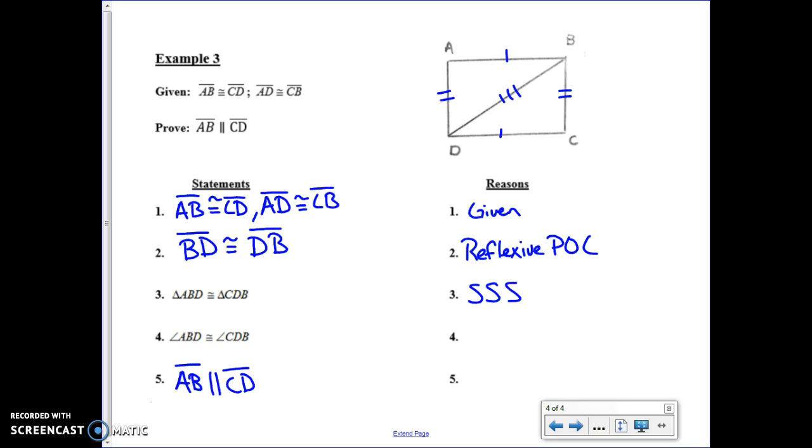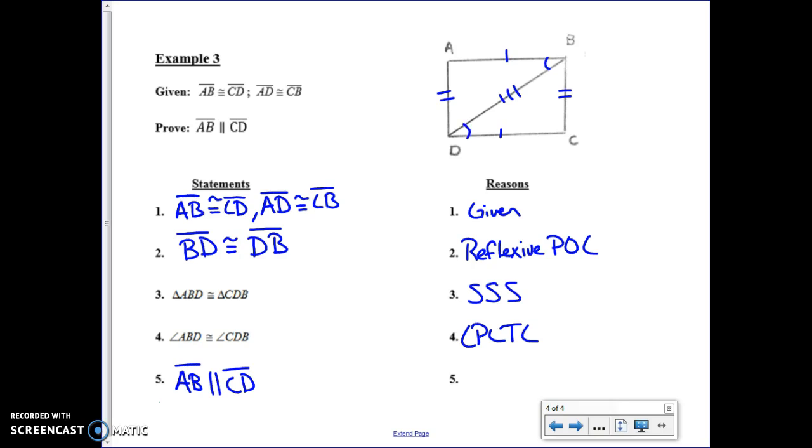Now, why can we say that angle ABD is congruent to angle CDB? Well, because we know that all of the corresponding parts of congruent triangles are congruent. But we said that was our next line, so now we're even taking it a step further from there. So I'm going to mark this in the picture. ABD would be this one up here, and CDB would be this one right here.